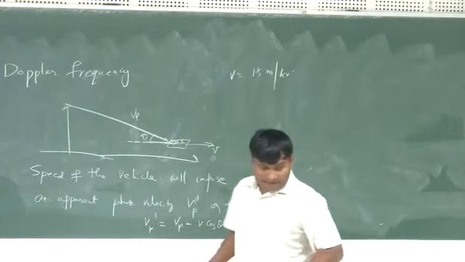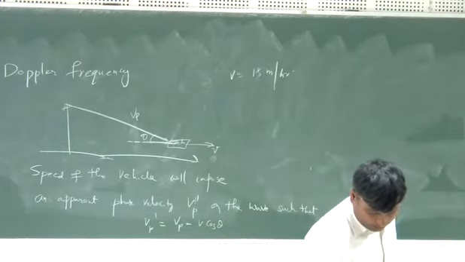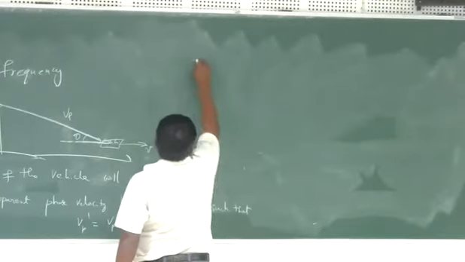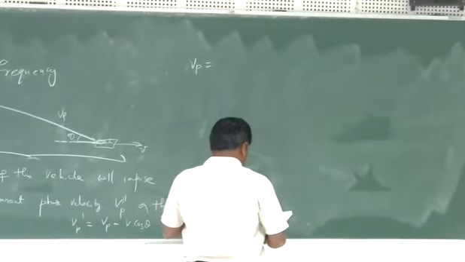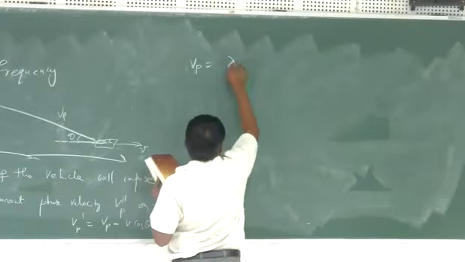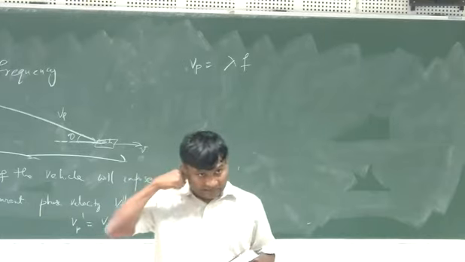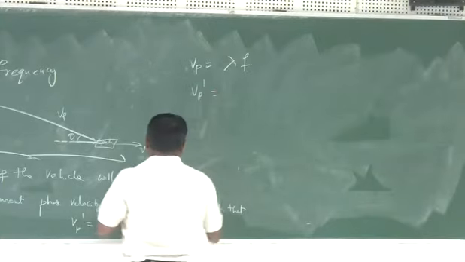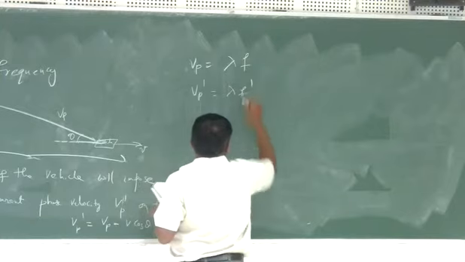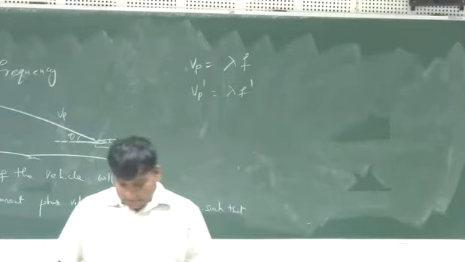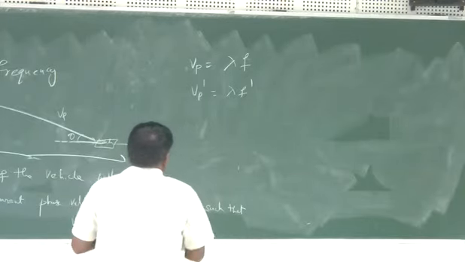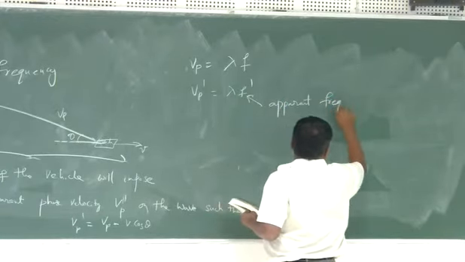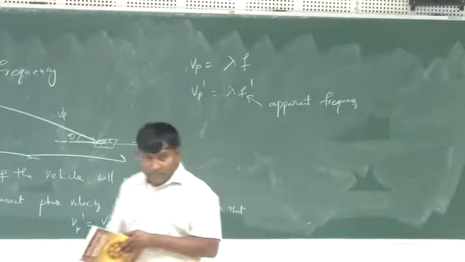Recall that Vp is equal to lambda into f, then Vp prime is equal to lambda into f prime, where f prime is the apparent frequency and f is the frequency of transmission.